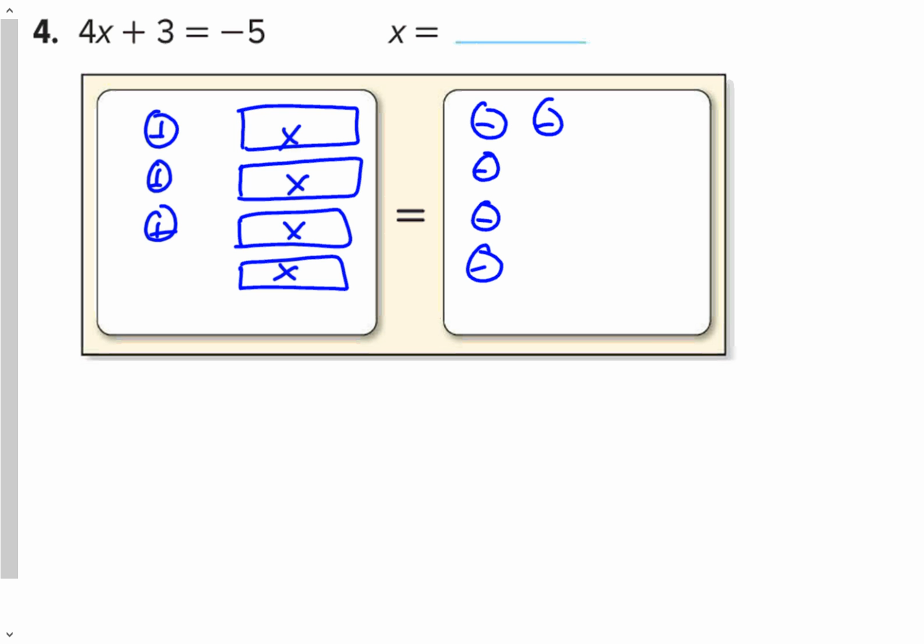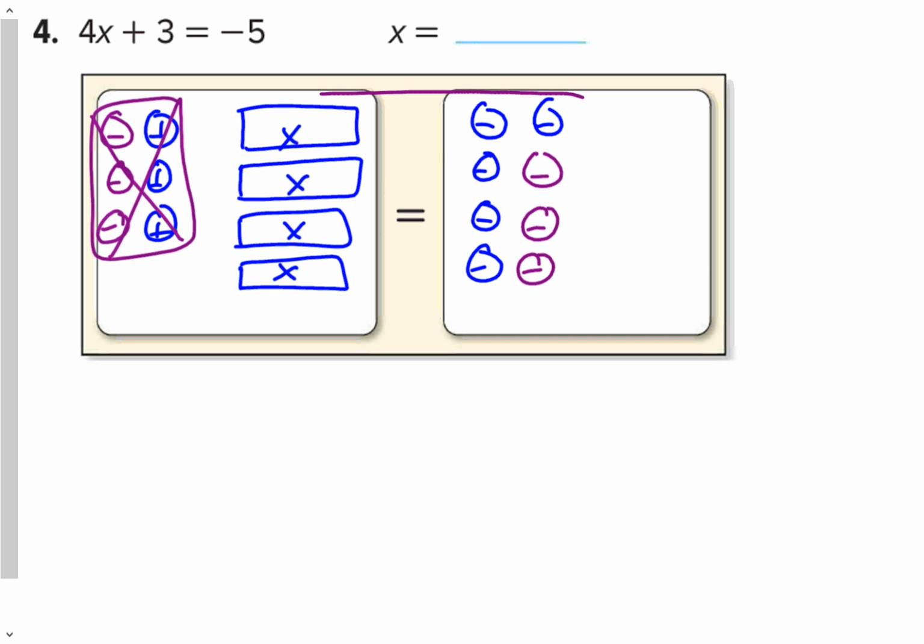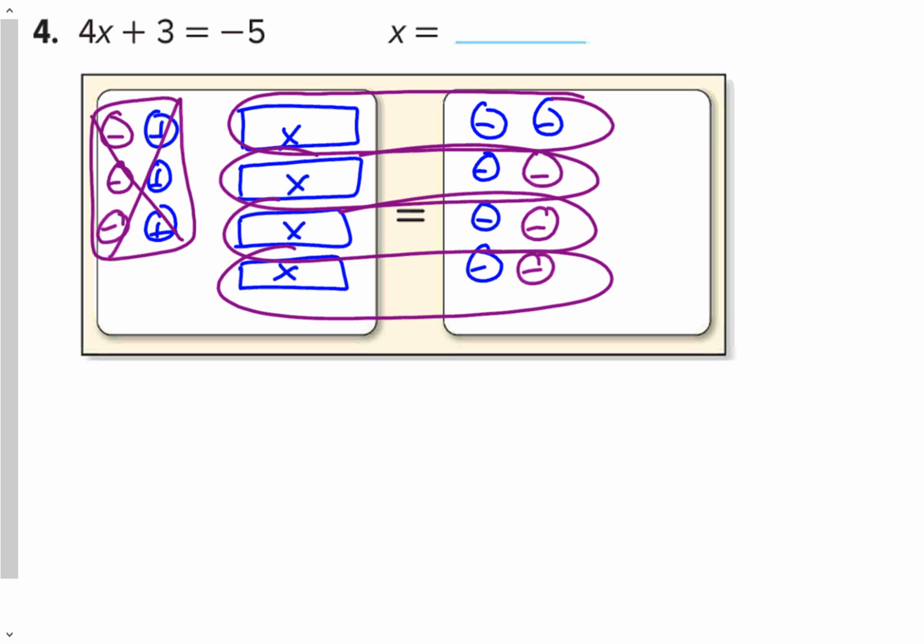All right, so now let's go ahead and get rid of these three positives by pairing them up with three negatives. Okay, so three negatives here. Now all we have to do is evenly distribute the integer chips with the x's. So we got x equals 2.